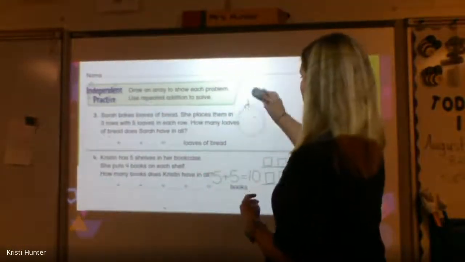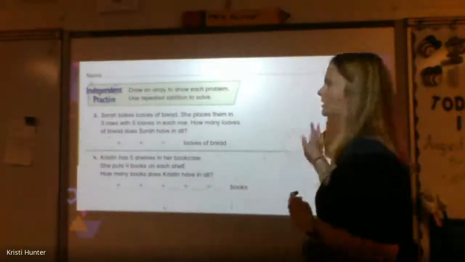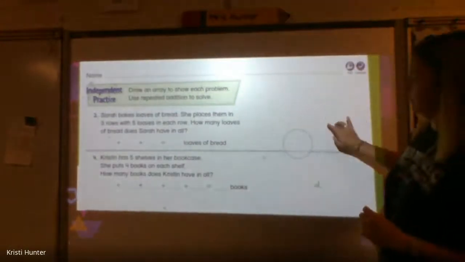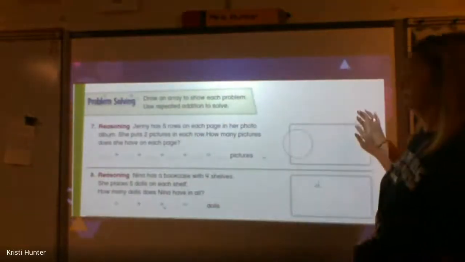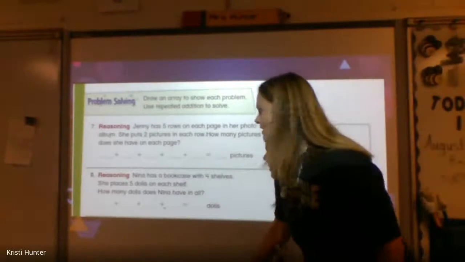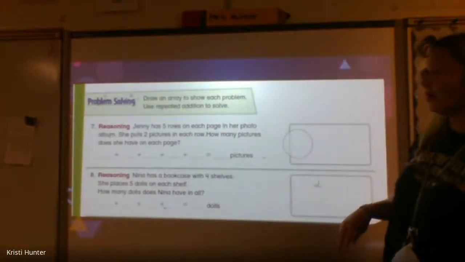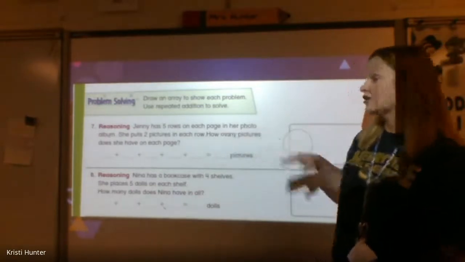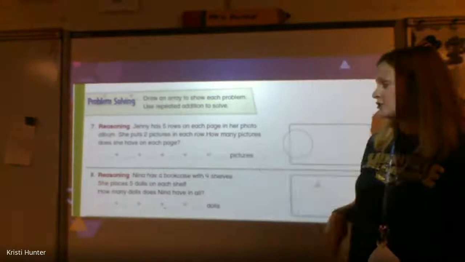Oh, it went backwards on me. All right. There we go. Okay, here's what it says. It says Jenny has 5 rows on each page in her photo album. She puts 2 pictures in each row.